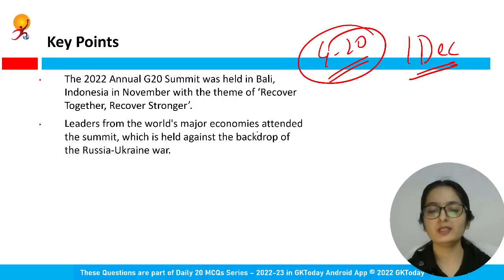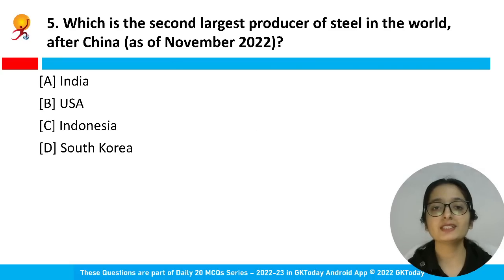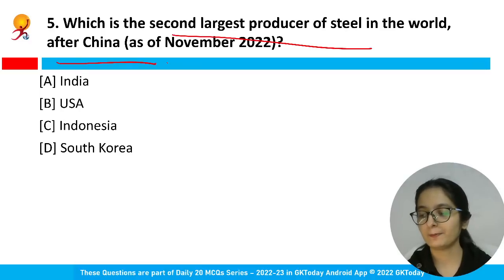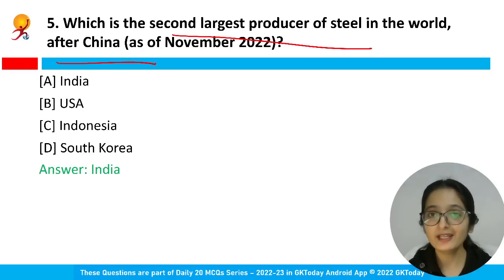Moving on to the next question: which is the second largest producer of steel in the world after China? Option A, India, is the correct answer.